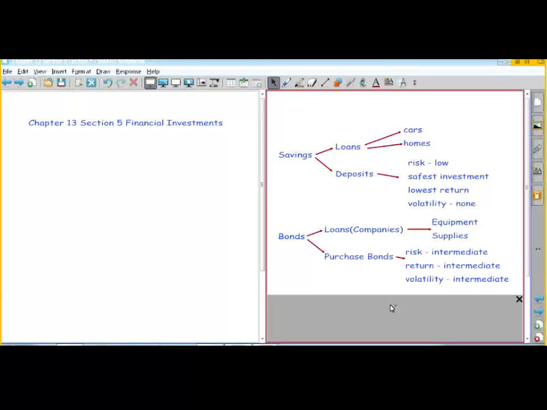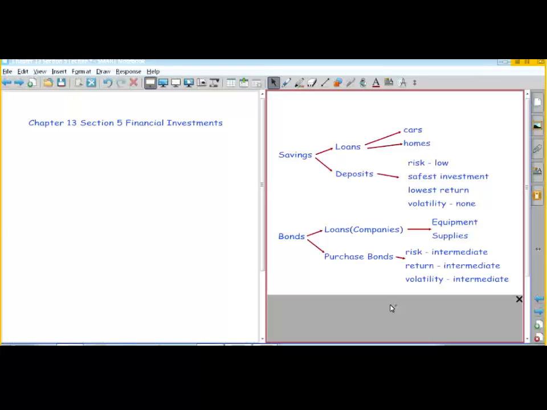And the bond's value actually varies. So you think, well, I'm making a loan to a company, and they're paying a fixed rate, and that's agreed to. That's true. But bonds are traded kind of like stocks. So if you've lent money to companies at a high rate, then somebody who has some money may say, hey, can I buy those bonds, so I can get that higher rate?